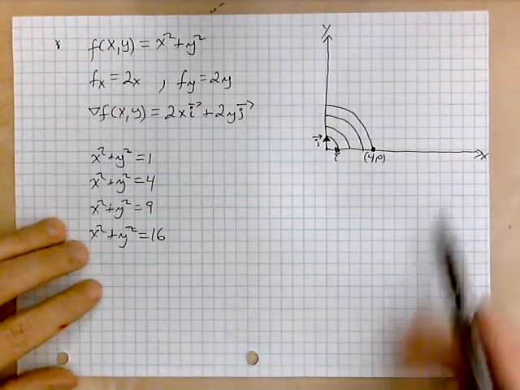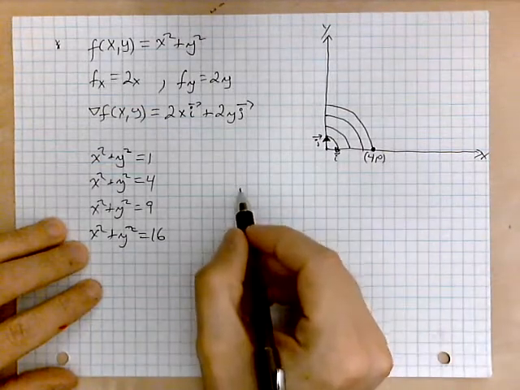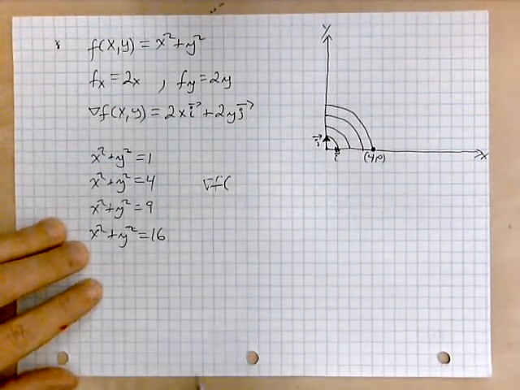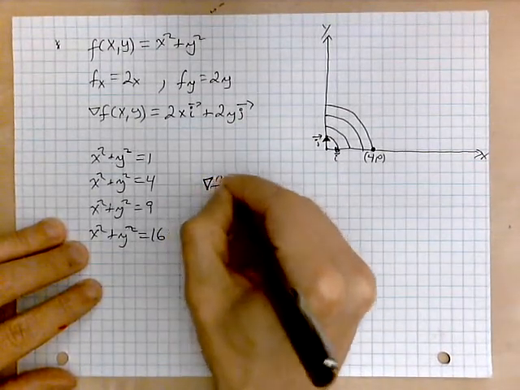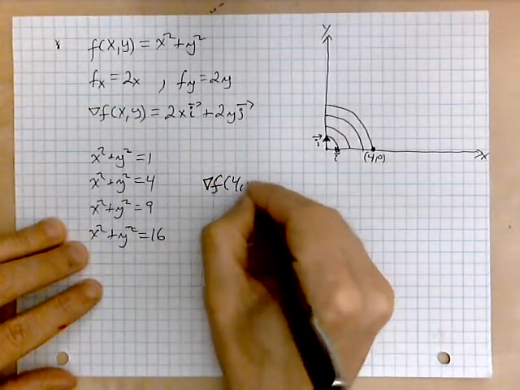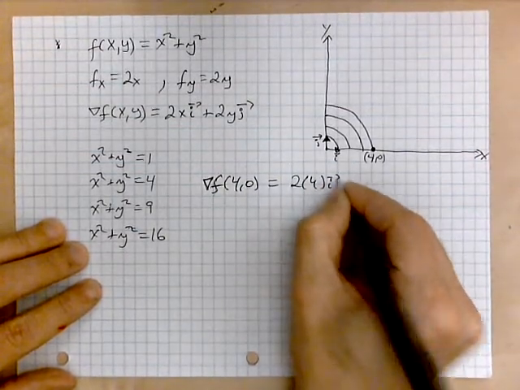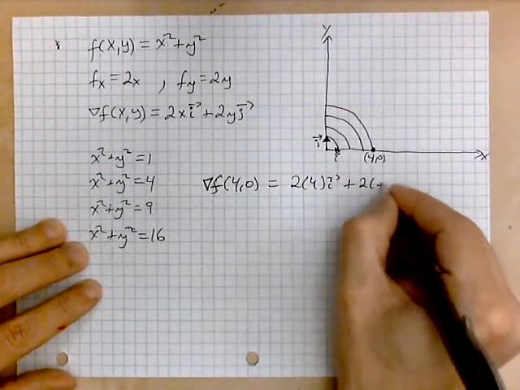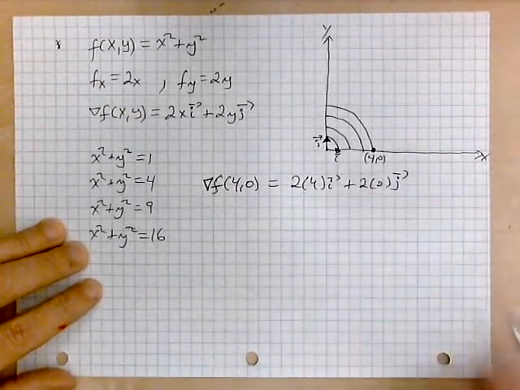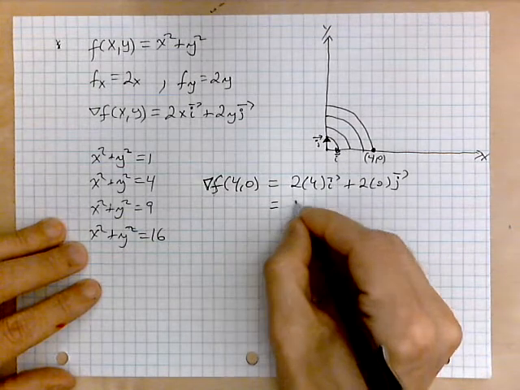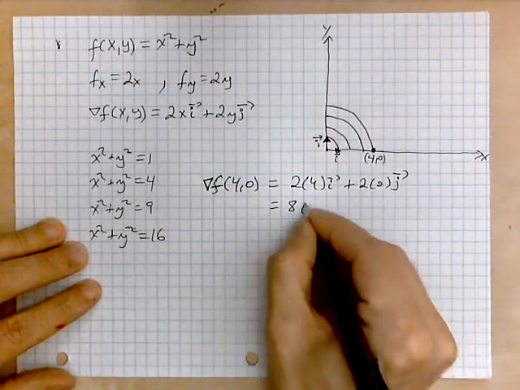So at the point 4, 0, the gradient looks like this. The gradient of f evaluated at the point 4, 0 is 2 times 4i plus 2 times 0j, which is 8i.